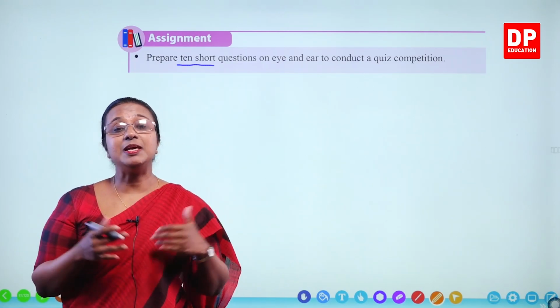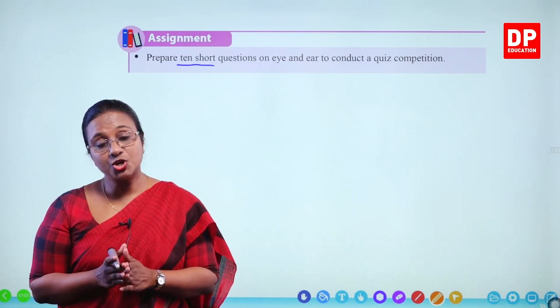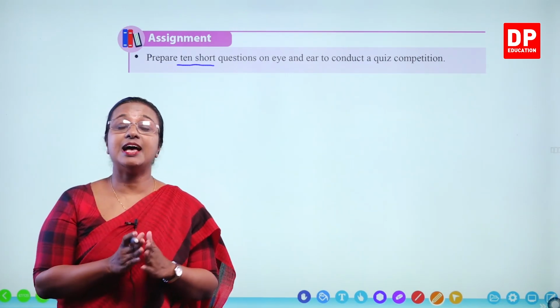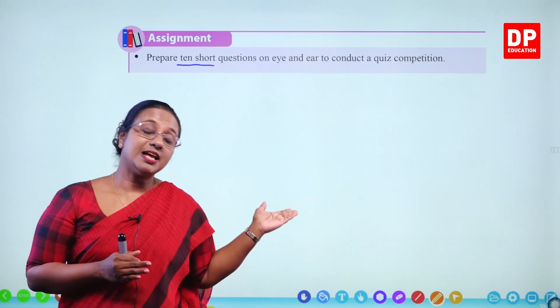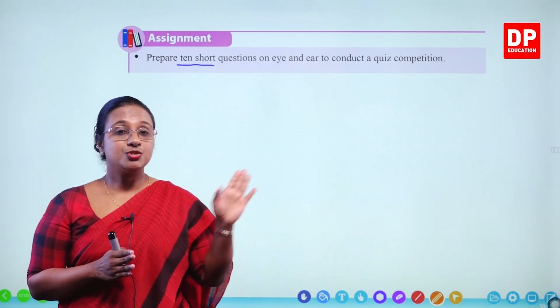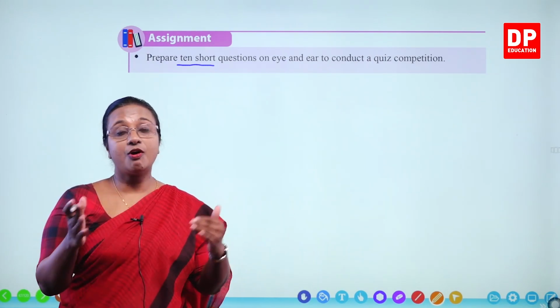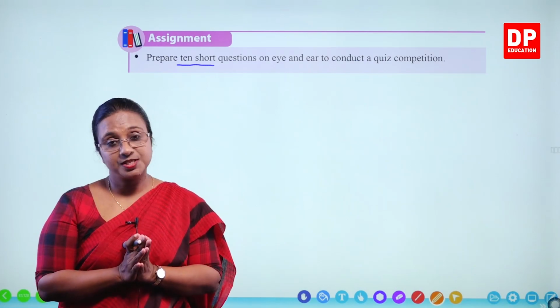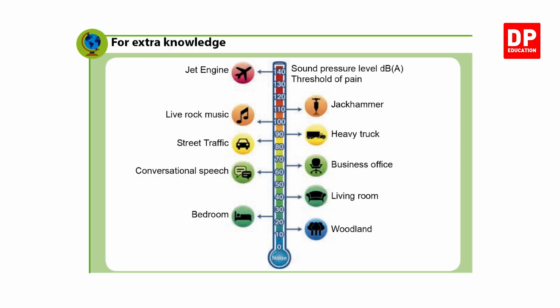The answer will be a biconvex lens. So, like that you can ask very short questions that have short answers, and have a quiz competition. Those are assignments that you have to do either by yourself or in school in groups. With that, I will move on to the next slide.